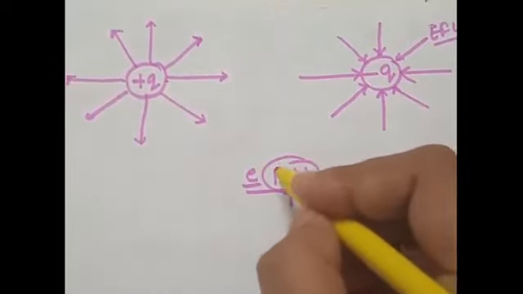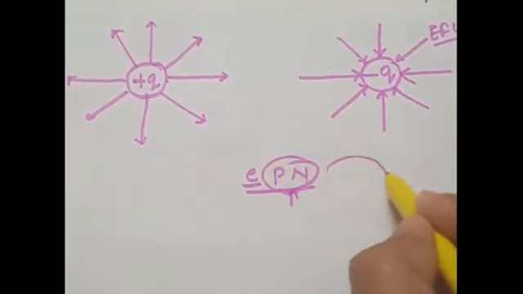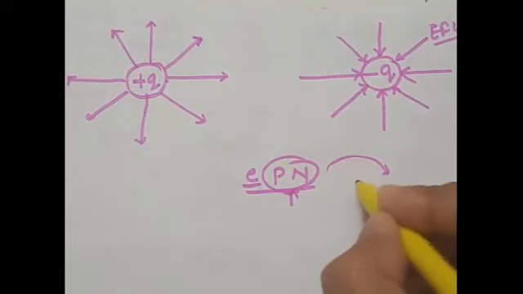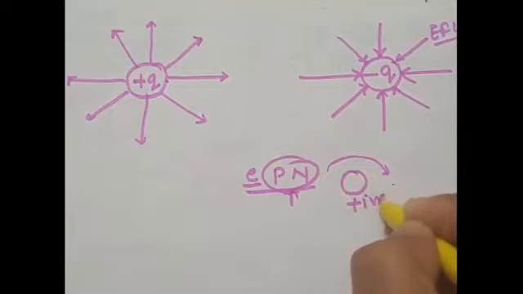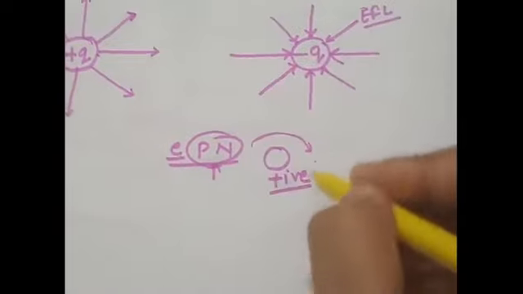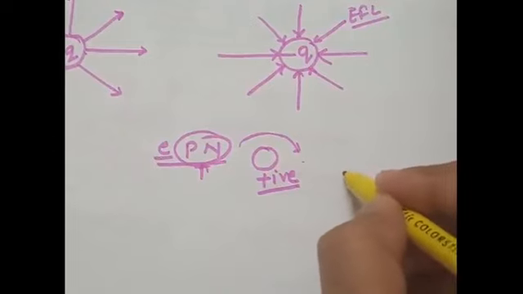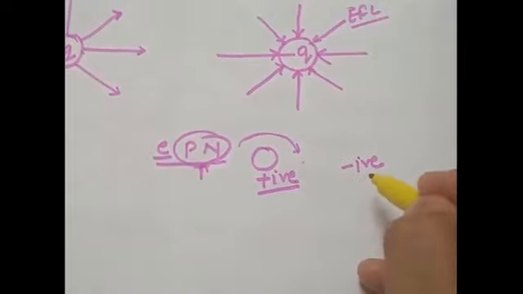When electrons are transferred from one body to another, that means charge is being transferred, and the body which is transferring the charge becomes positively charged, and the body which is absorbing that charge becomes negatively charged because of the excess of electrons.